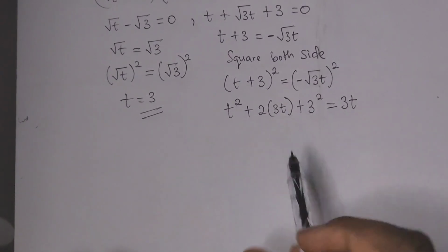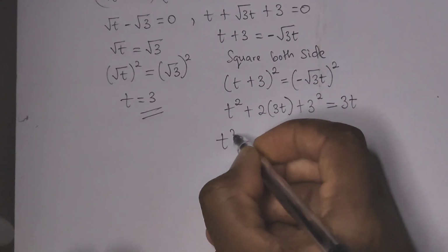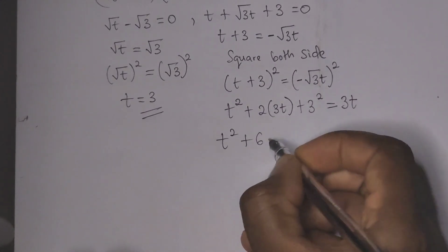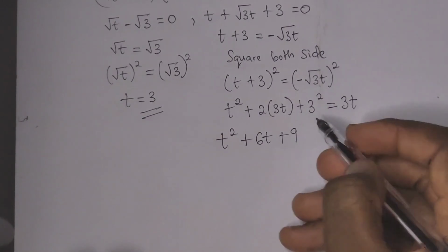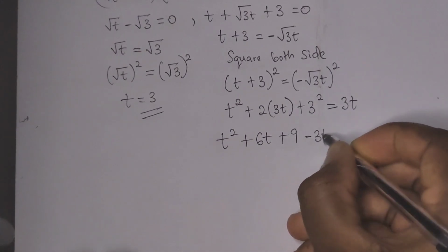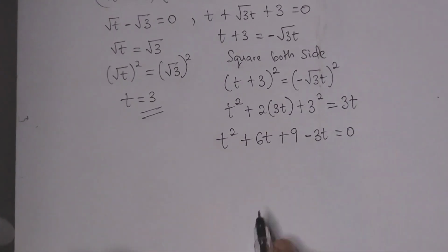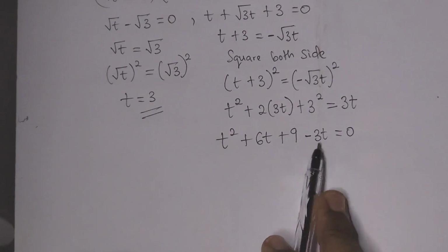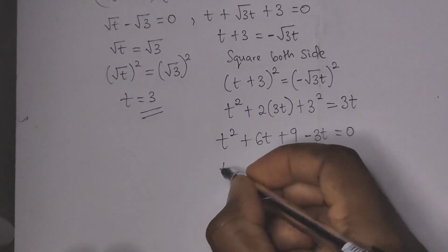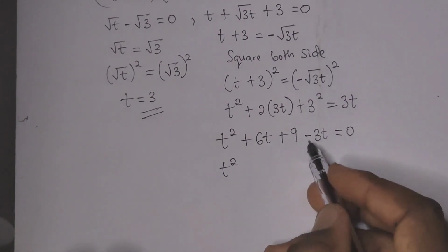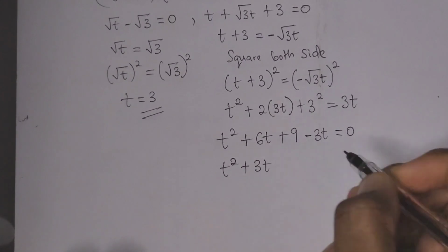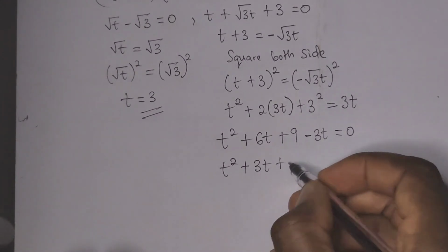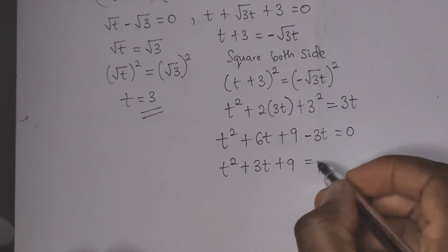So let's open this bracket. It will then give us t squared plus 6t plus 9. Bringing this back, we have minus 3t equal to 0. So this will become t squared plus 6t minus 3t plus 9 equal to 0.